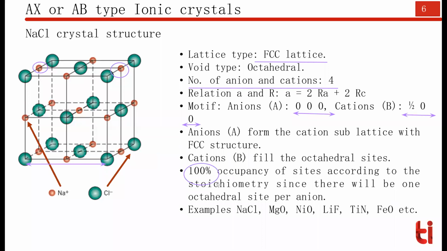The typical solids which form an NaCl-like structure are NaCl itself, then magnesium oxide, nickel oxide, lithium fluoride, titanium nitride, iron oxide, etc. Many important solids which have a lot of technological applications form this kind of structure, and the properties of these solids will be governed by the behavior of the anions and cations under given circumstances.